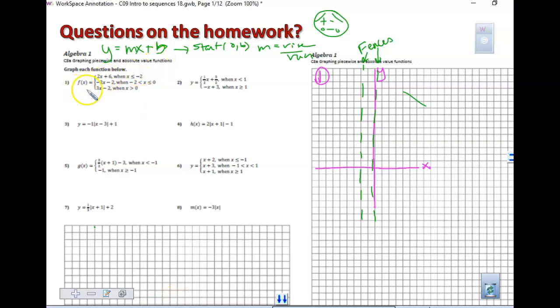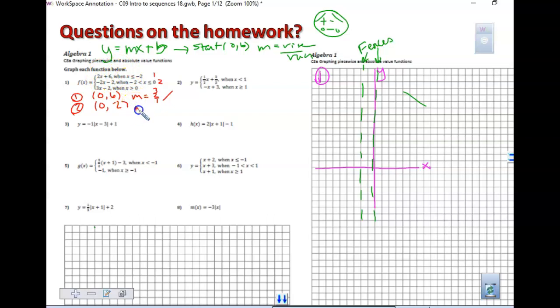Where is this important? When I look at number 1, I'm going to have equation 1, 2, and 3. In equation 1, my start point is 0, 6. My slope is 2 over 1, and it goes up. The second equation in number 1 has a start point of 0, negative 2. How do I know that so quickly? Because that's my y-intercept.